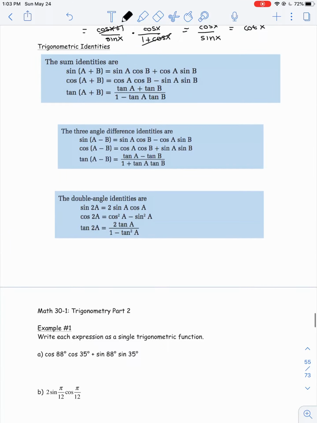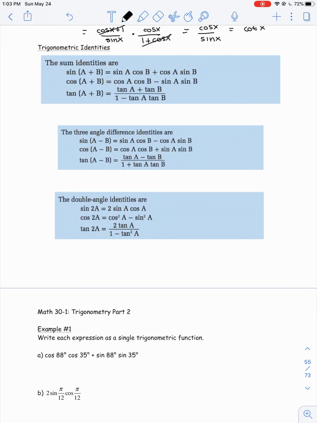For the first one, we want to see which identity it looks like. As you can see, there's a plus sign between them, and they're all cosines. There's cos coming first, and then 2 signs coming afterwards with an addition between them. So that has to be this one right here.